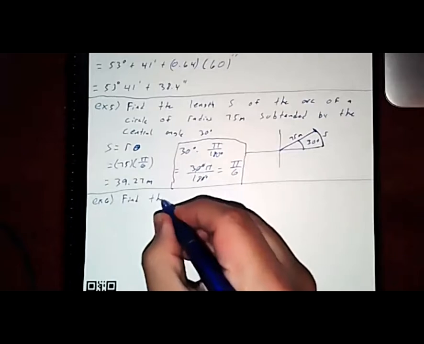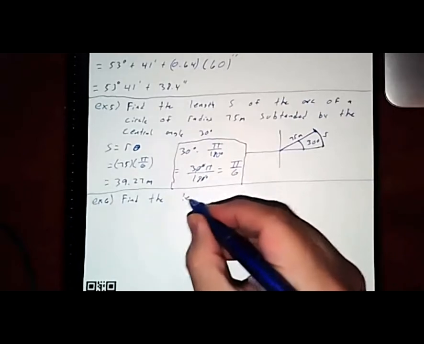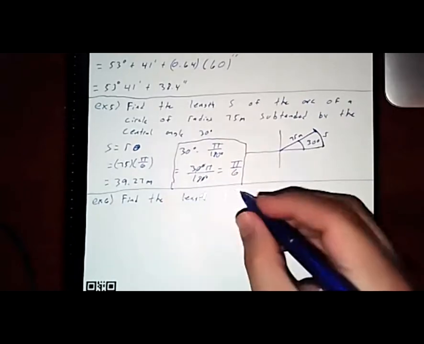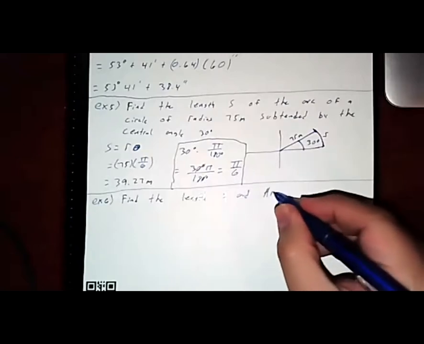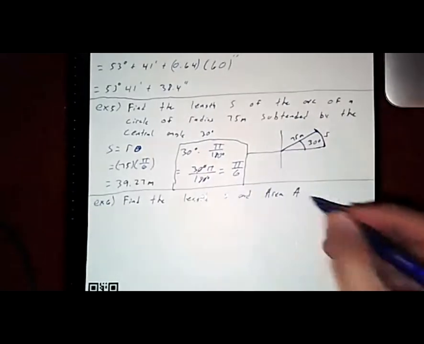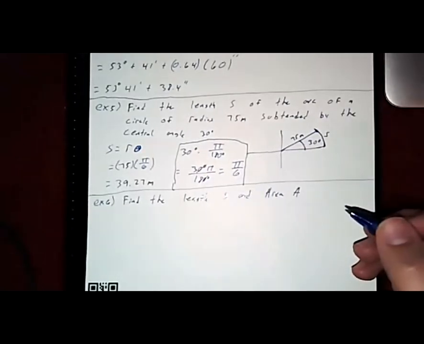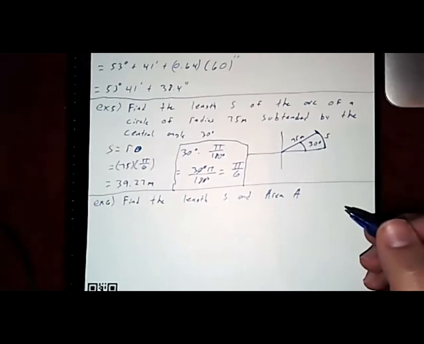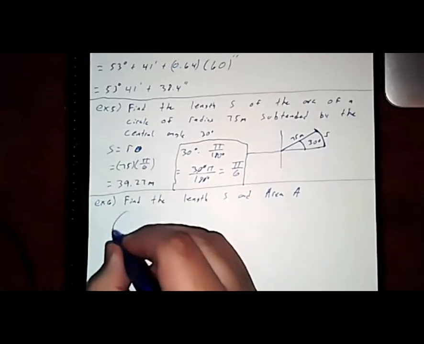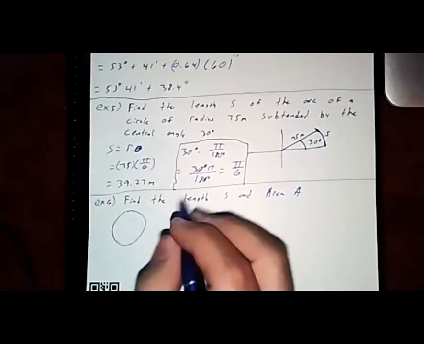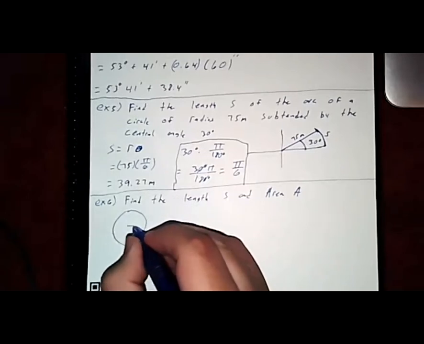All right, number 6. Find the length S and area A. On this one, I think they give us a picture, at least sometimes they do.